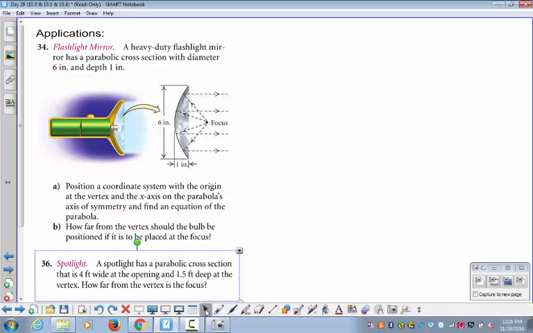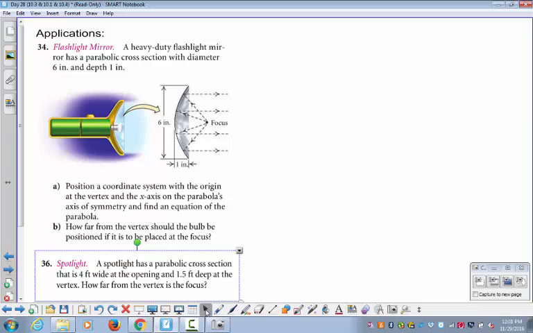Okay, so here we have a flashlight, a heavy-duty flashlight, not just a flashlight. Parabolic cross-section with a diameter of 6 inches and a depth of 1 inch. So if you pull off this lens piece, it's 1 inch deep, 6 inches across there.